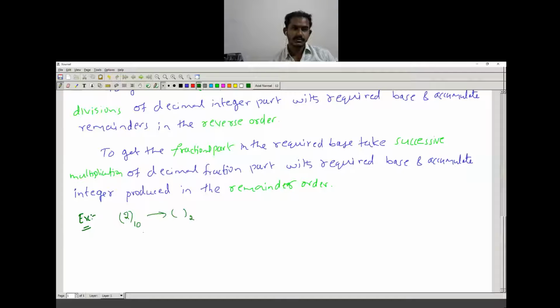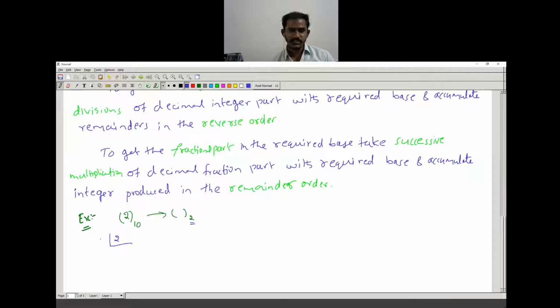The given number is a decimal number, and you have to convert it into the binary number system. What we need to do first, to get the integer part, is take the successive division of the given decimal integer part. The integer part is 2. So let me take 2, and after that we need to do the successive division with the required base. Our required base is 2.